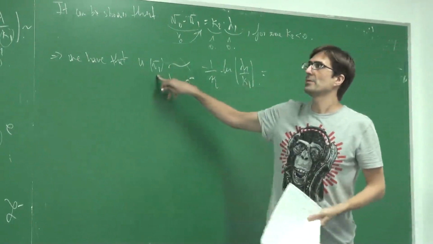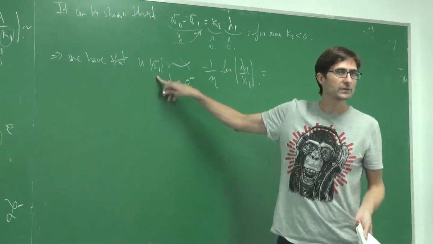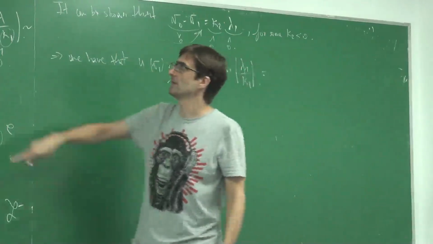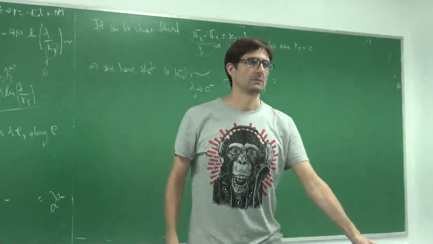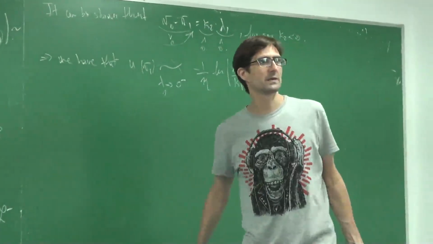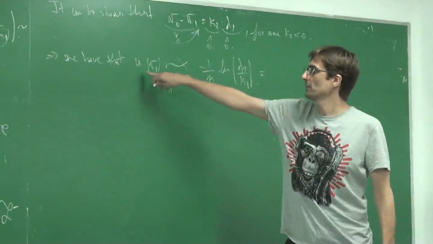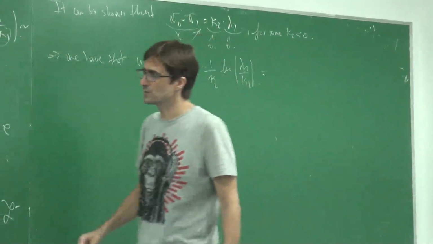I'm using loose notation, if you wish. Here the argument is V, here the argument is lambda, which strictly speaking is wrong, but it's obvious what I mean. I mean the value of U that corresponds to V equals V1.